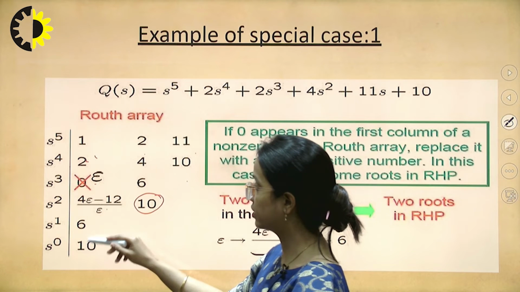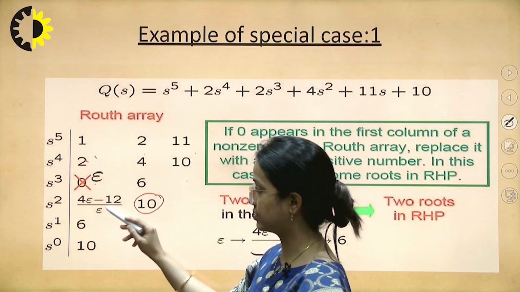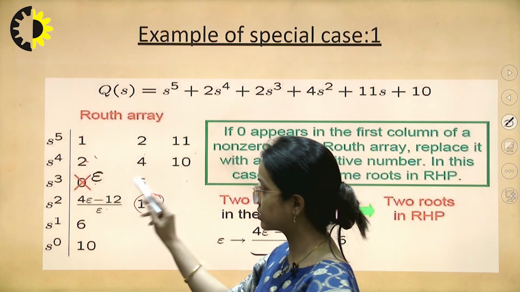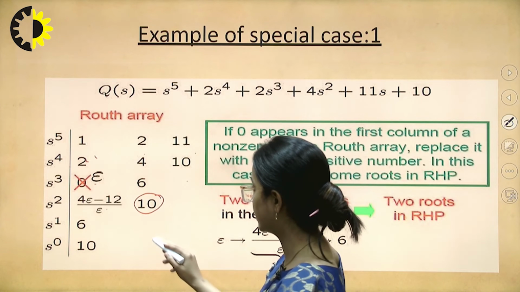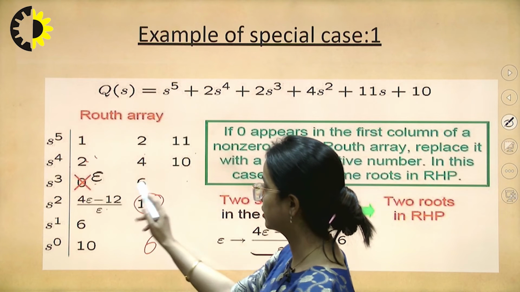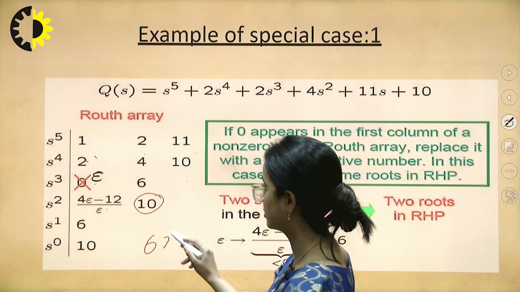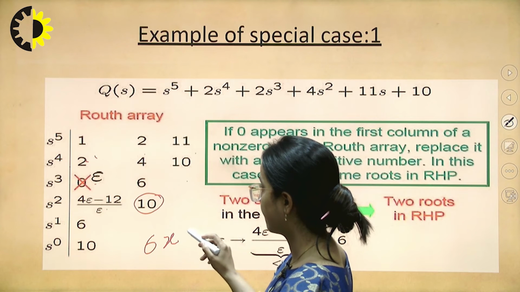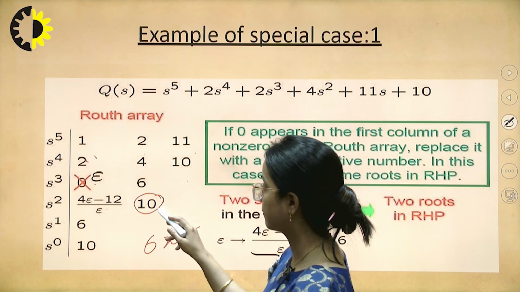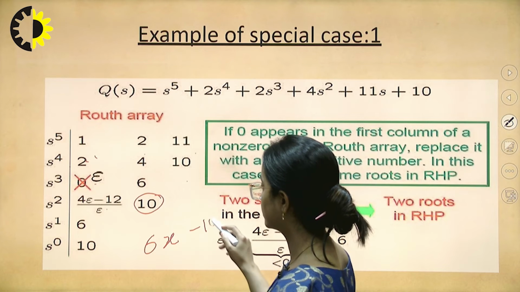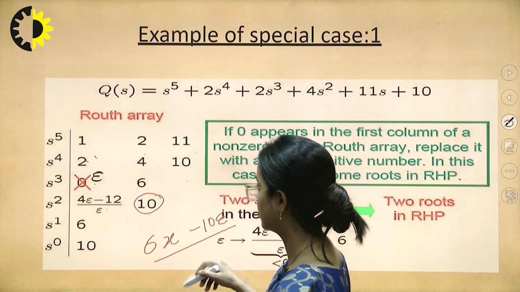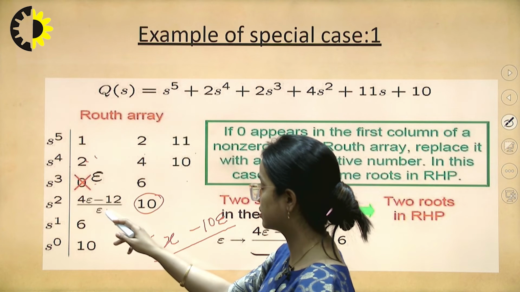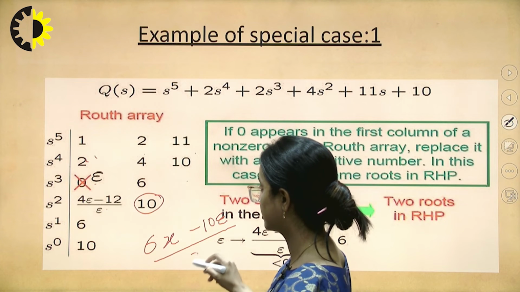Let's say this be x. So 6 into x minus 10 zeta upon, of course this is x.